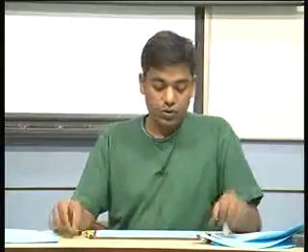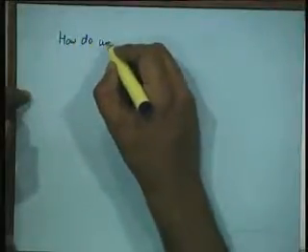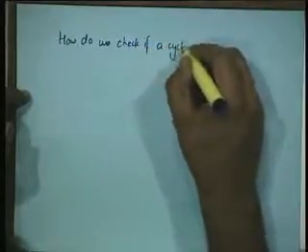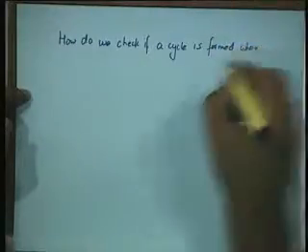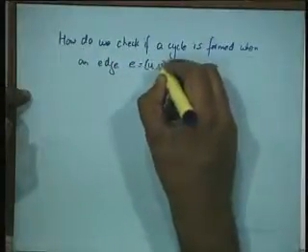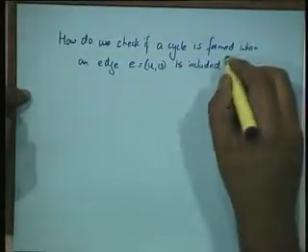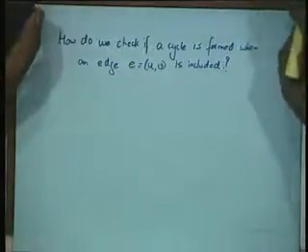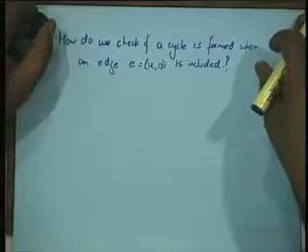Right? So basically that's the question. How do we check if a cycle is formed when an edge E, let us say an edge E u comma v is included, and we have to do this quickly. बहुत सारा टाइम नहीं स्पेंड कर सकते हैं, ठीक है.